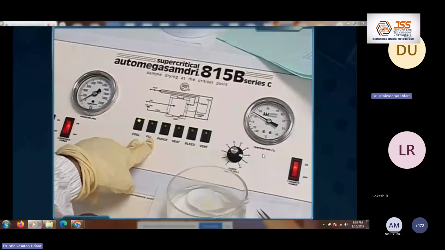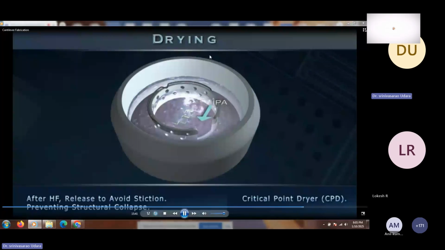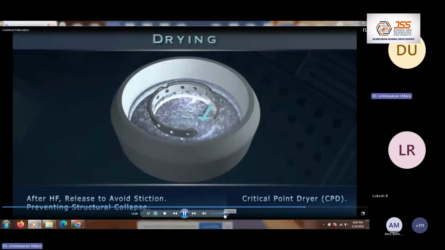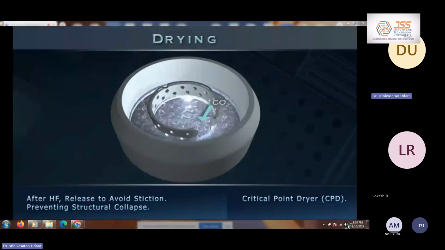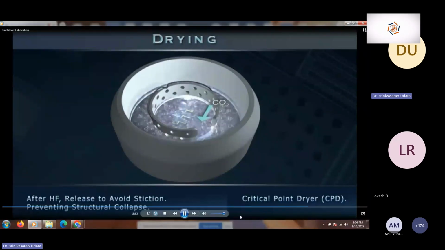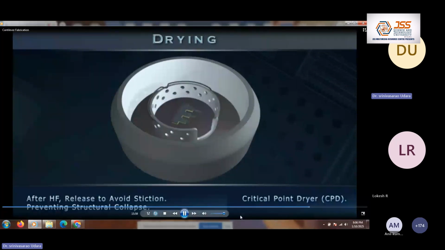In supercritical dryer equipment, the IPA is replaced by liquid carbon dioxide. Once critical point conditions are created in the chamber, the distinction between liquid and gaseous phases is lost. As liquid carbon dioxide turns gaseous, the beams are released with minimal stress.